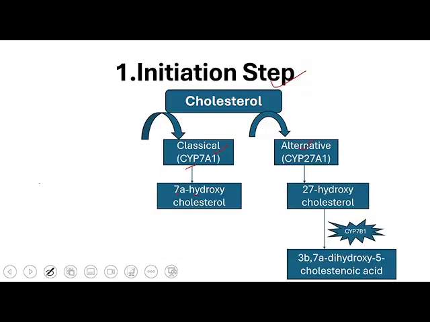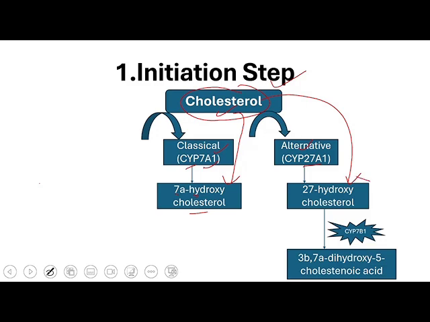And this cytochrome P7A1 enzyme leads to the 7 alpha hydroxylation of this cholesterol to get converted into 7 alpha hydroxycholesterol. And next is the cytochrome P27A1 enzyme, which is also called cholesterol 27 hydroxylase, which leads to the hydroxylation of this cholesterol to 27 hydroxycholesterol.